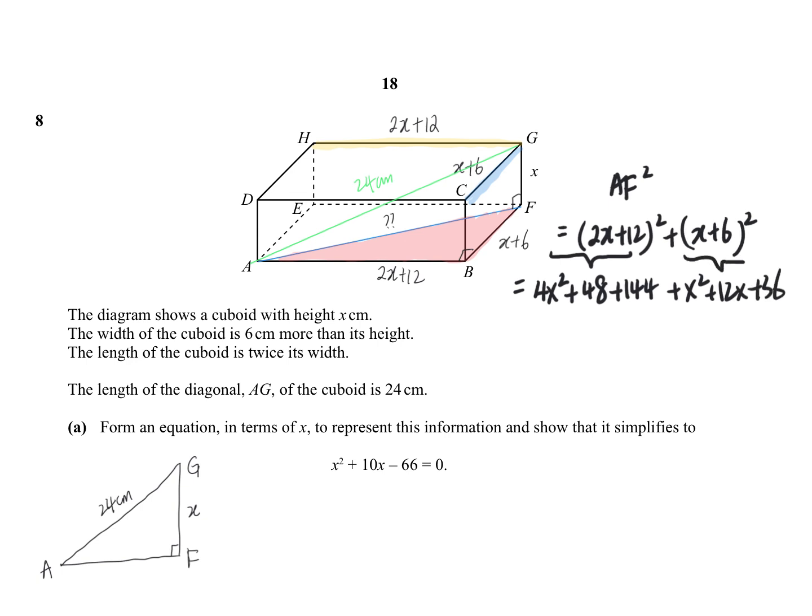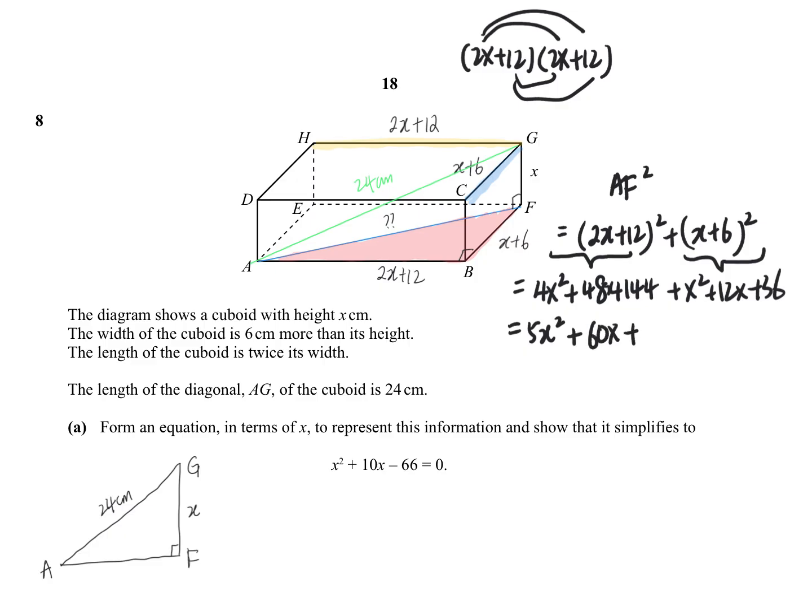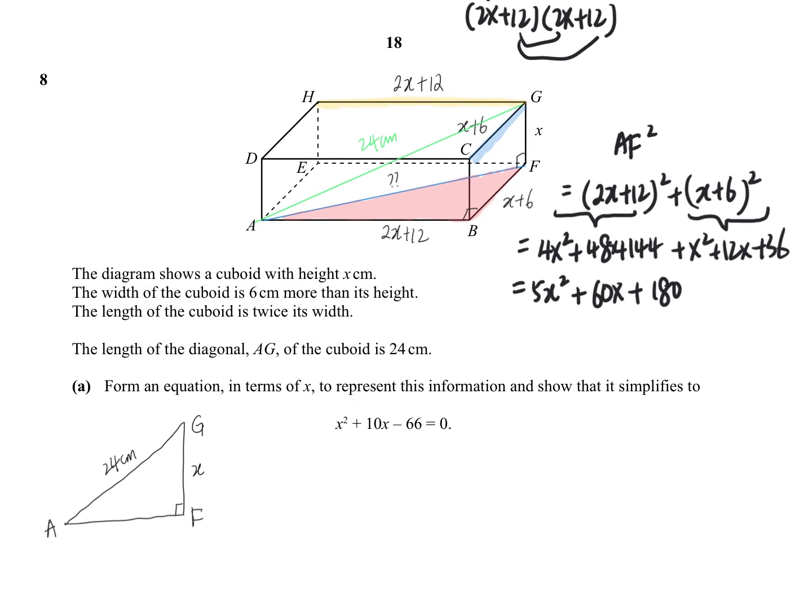So don't be lazy. If you are unsure of the expansion, go and do this at the side. Okay? So eventually you will end off with 5x squared plus 60x plus 180. So this is AF squared.